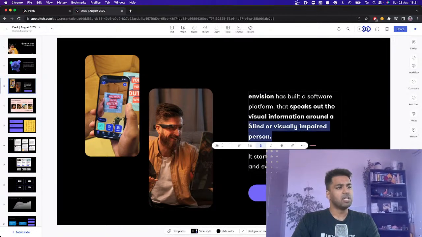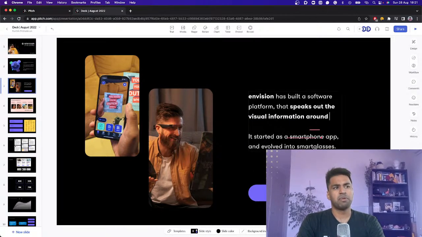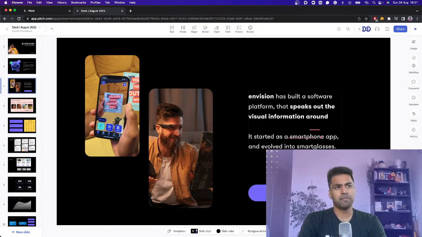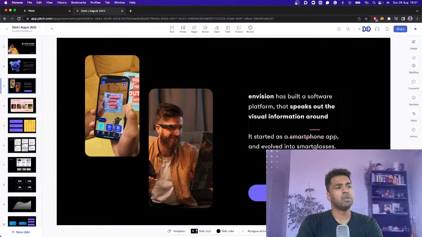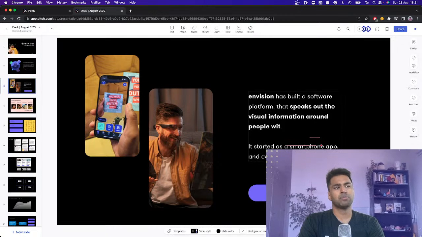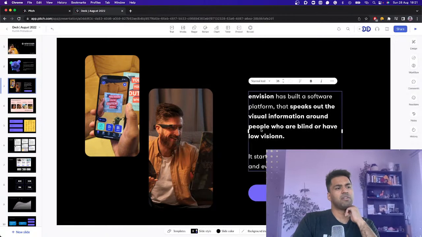I recently have been made aware that "visually impaired person" or "blind person" is not the right way to address this audience. It should be: speak out the visual information around people who are blind or have low vision. That's the right way to address it.